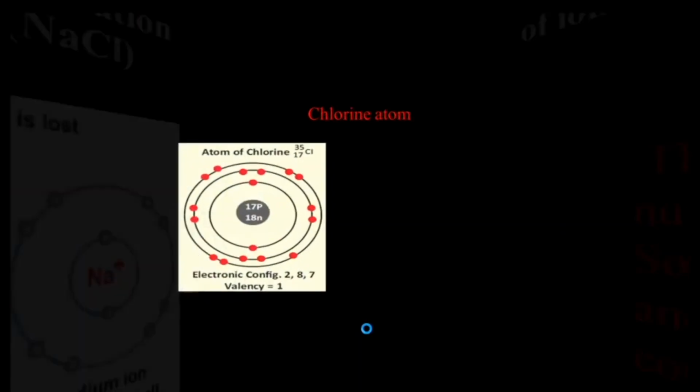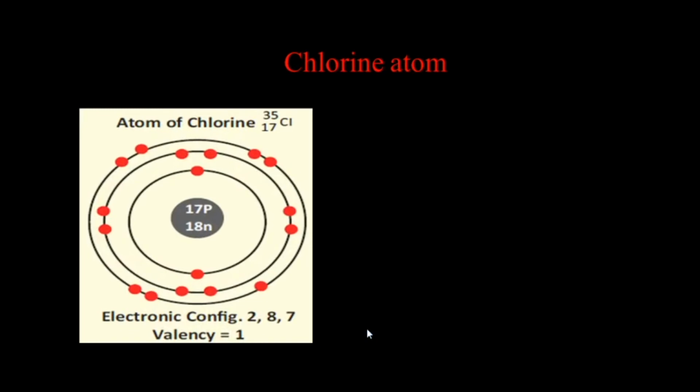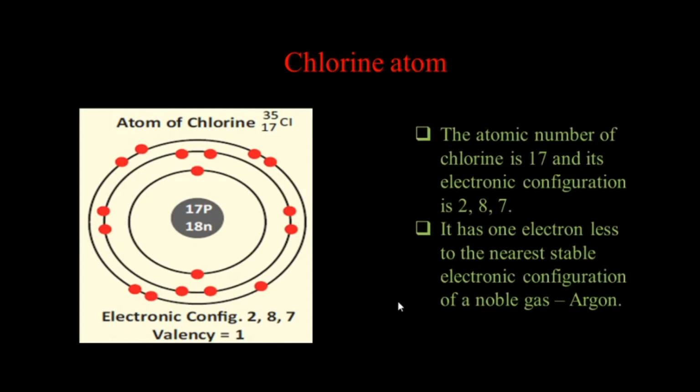Next, chlorine atom, you know the atomic number is 17. Innermost shell has 2 and the second shell has 8, so 10 electrons in the inner shells and the remaining 7 electrons are present in the outermost shell. It needs one electron, then only it has a stable octet configuration of argon.